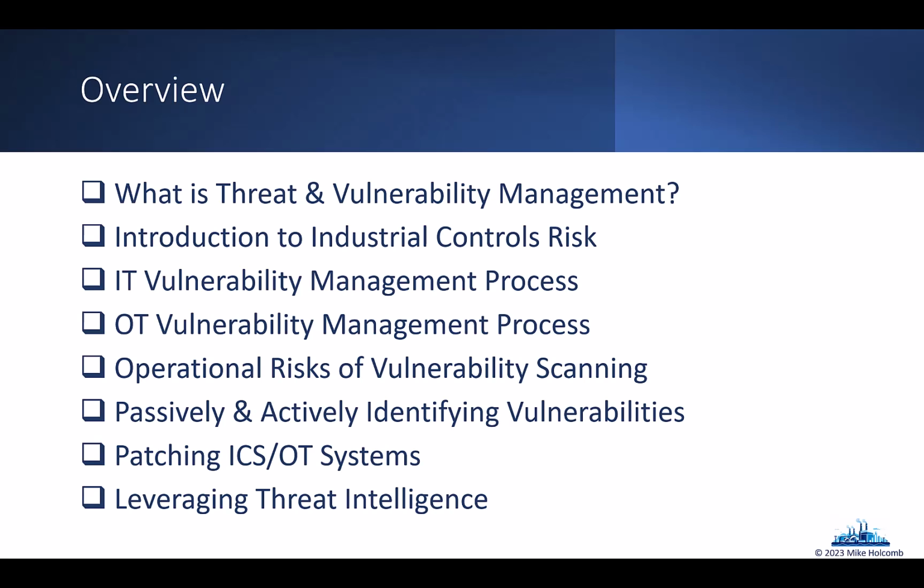We're going to talk about, especially in traditional IT vulnerability management, how we actively scan for vulnerabilities in the environment. But that's something we're almost never going to do in a production OT or ICS environment. So we're going to look at the differences between passively and actively identifying vulnerabilities.